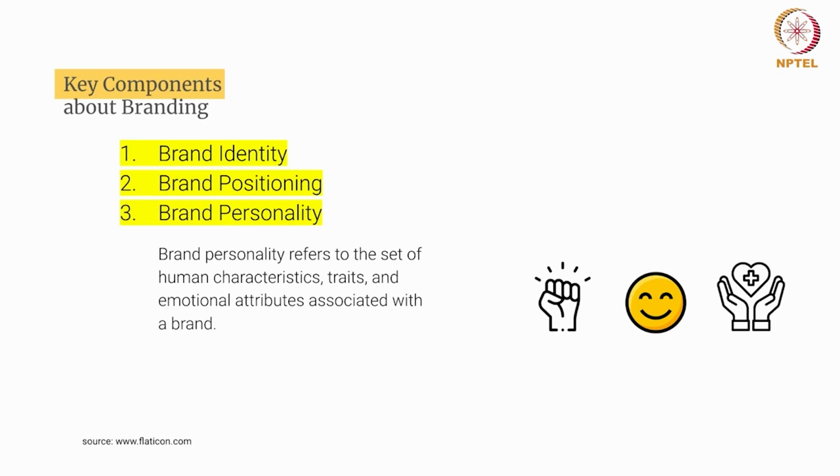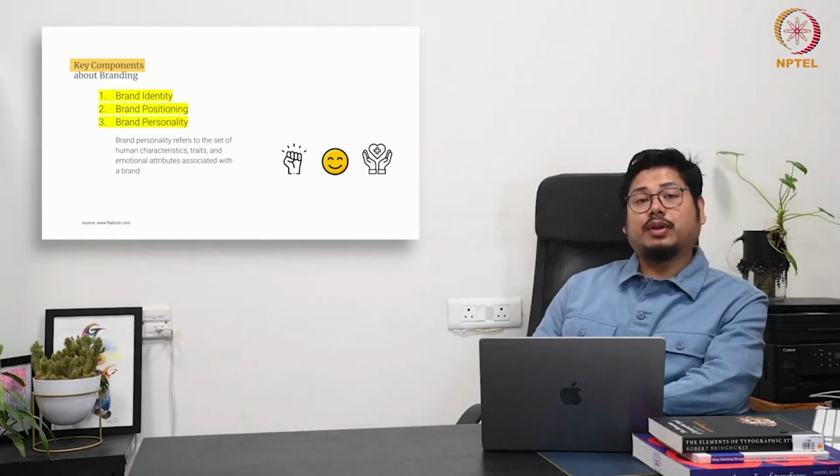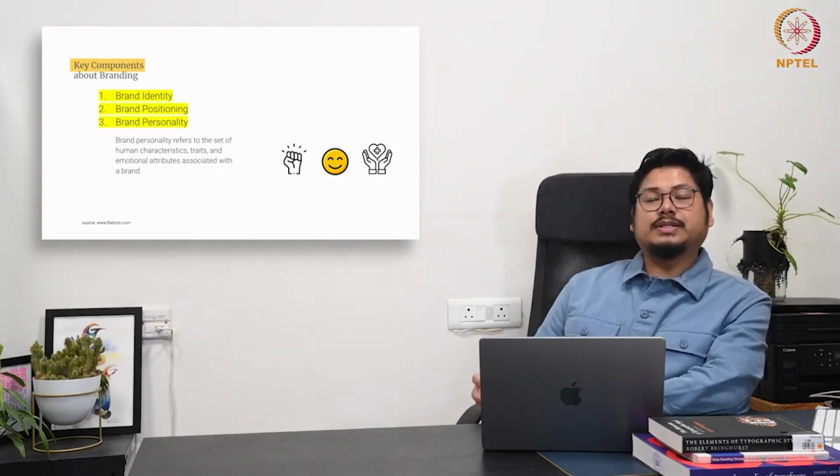You can say the brand seems to be very rugged, very strong, or you can say the brand seems to be very playful, jolly, very welcoming in nature. Or if you see the images, the other brand is more towards a medical centric brand. When you see that particular brand, you feel that this overall brand is towards health and care. And this is how you are creating some kind of personality.